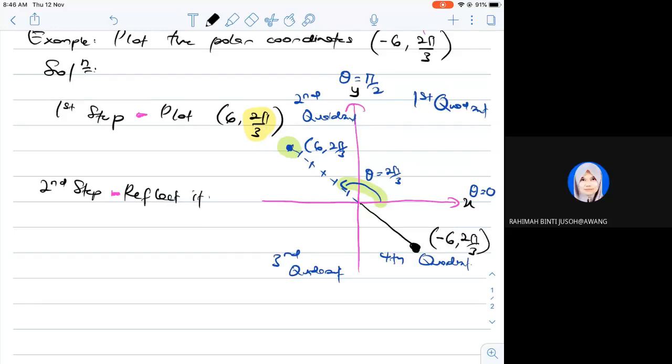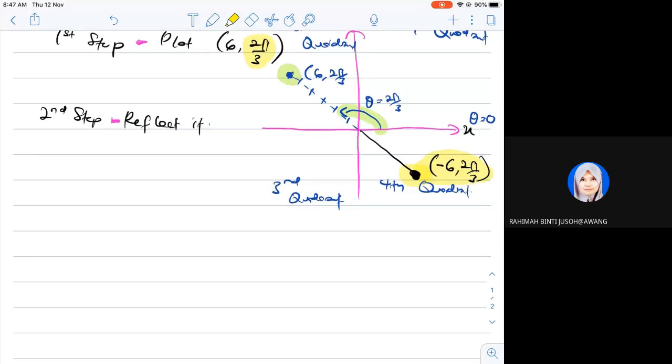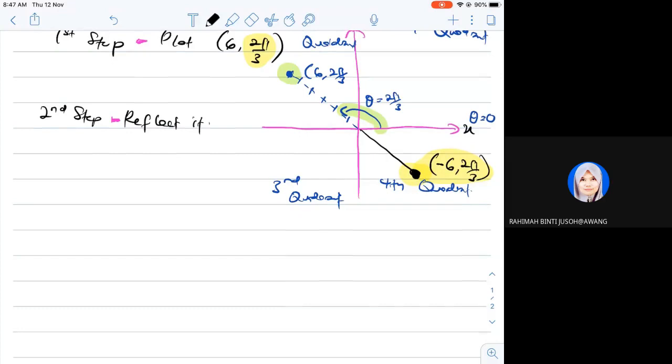If I ask you, what are the other names for this coordinate, for this position? What other names can we give to the same point? The same point, -6, 2 pi over 3, is also equivalent to what?